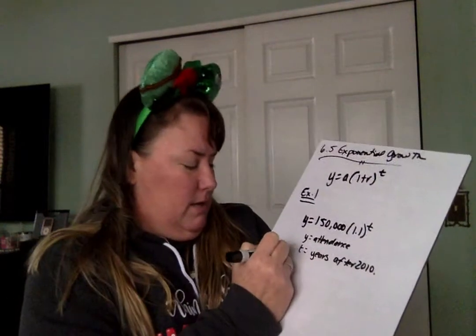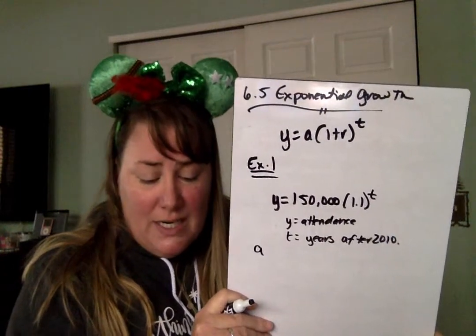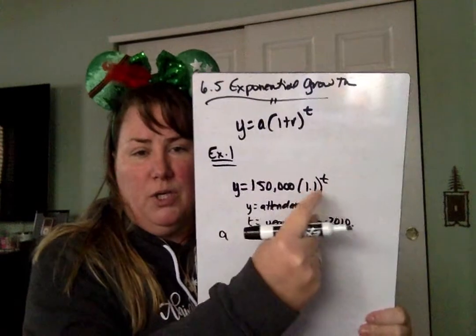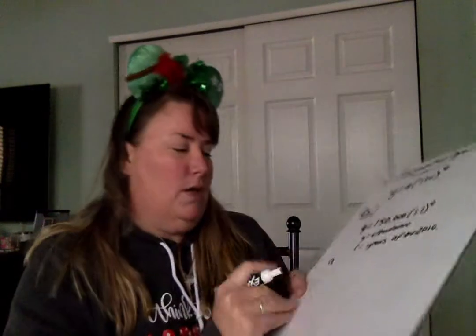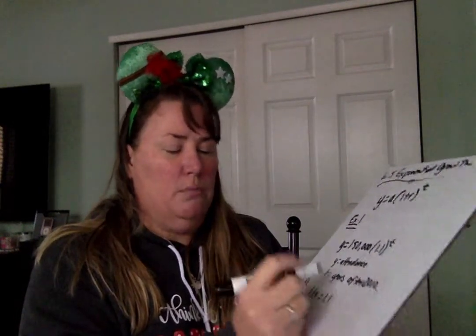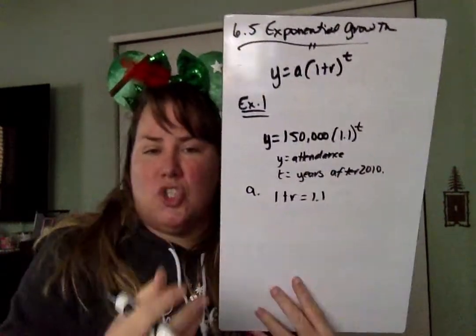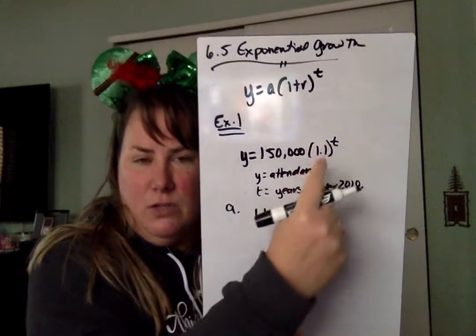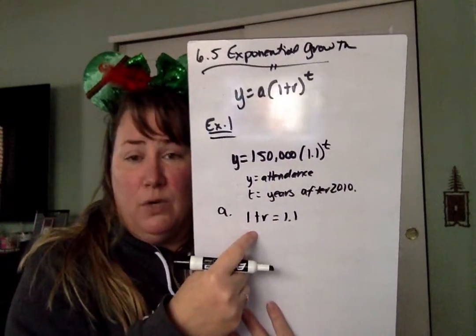Part A says, what percent does the festival attendance increase each year? So how much is it increasing? We're going to use our growth factor here. The growth factor is equal to 1.1, so you set 1 plus R equals 1.1, because we're trying to figure out how much it's growing, how much it's changing. That is the amount afterwards, so you start with what it is beforehand.